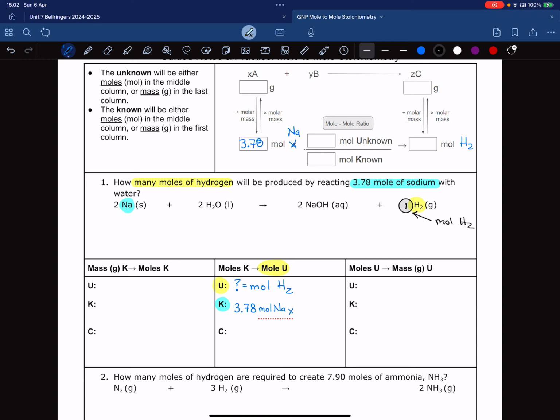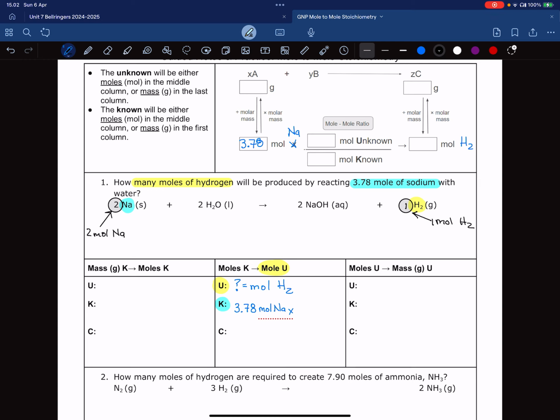And from the equation, the moles of the known is 2. 1 mole of hydrogen, 2 moles of sodium.